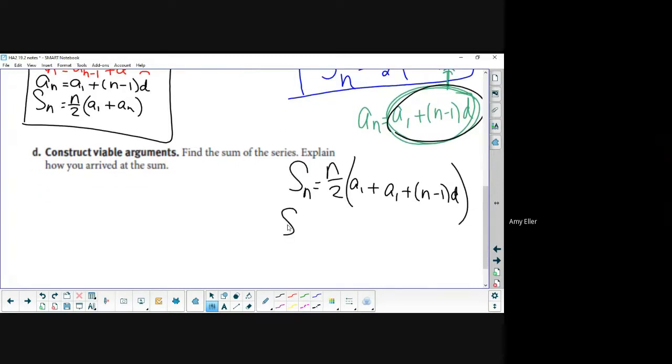That can be a little more simplified. Since I have two A sub 1s, I might write 2 A sub 1 plus n minus 1 times d.